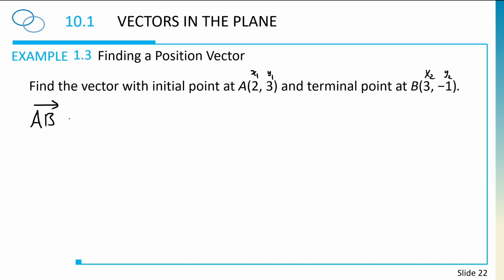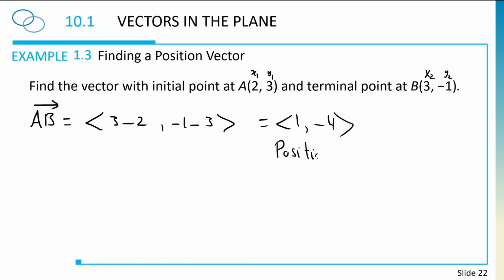So to find the vector, we use x2 minus x1, so 3 minus 2, and y2 minus y1, so negative 1 minus 3. This equals 1, negative 4. And what we get here is a position vector. So just be careful: what's the initial point, what's the terminal point. We always do terminal minus initial, delta x, delta y.